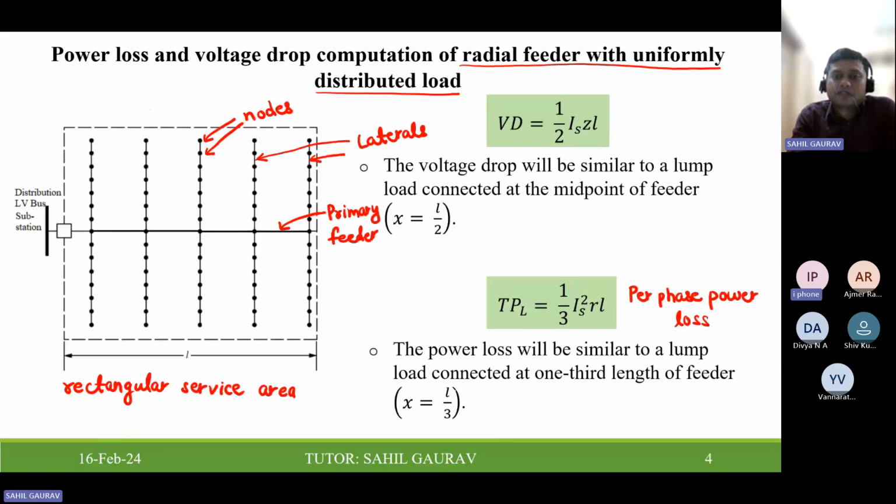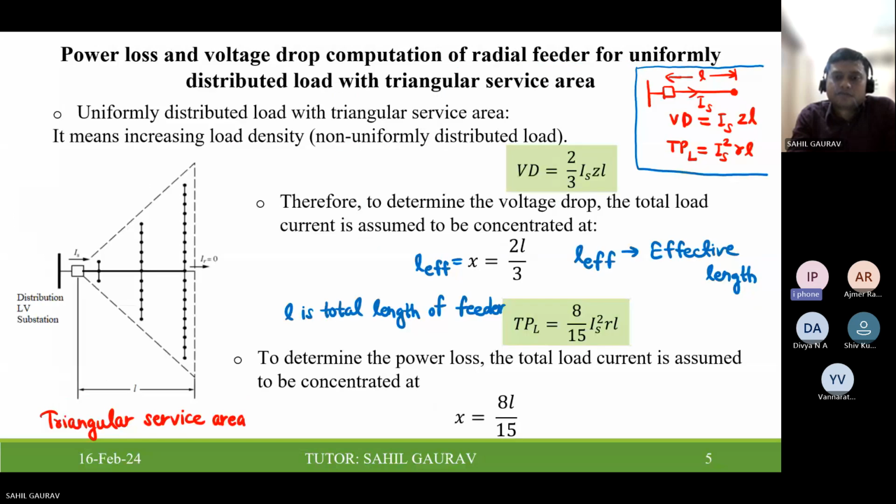In that slide, the summary, VD equal to 1 by 2. In this slide, what you wrote on the right hand side, top side, VD equal to IS Z L. From here we are comparing things. Here we have a lump load; this is not square or triangular. This is the basic formula.